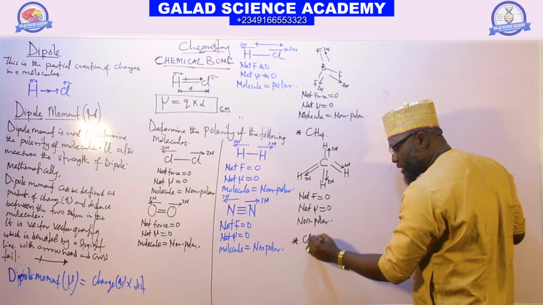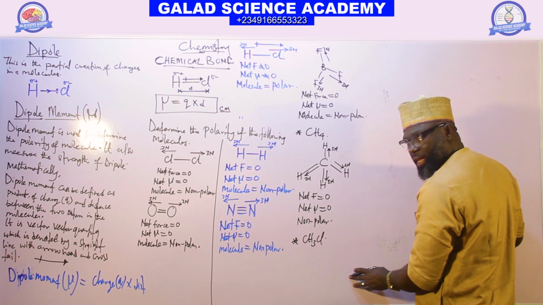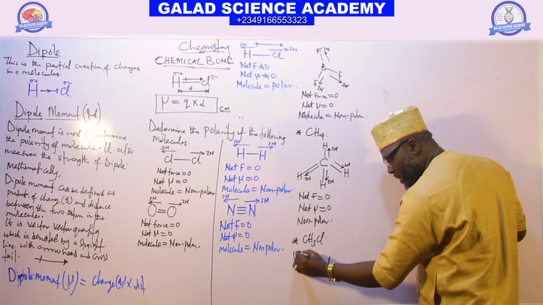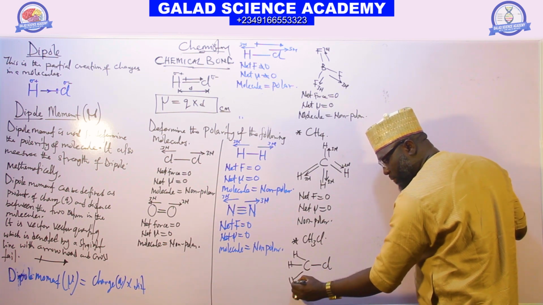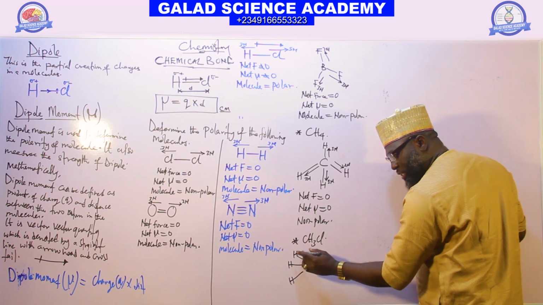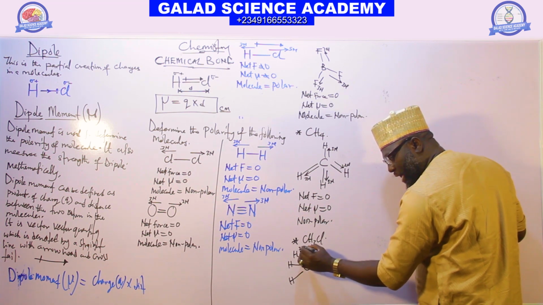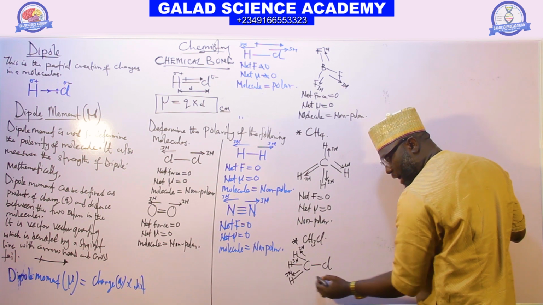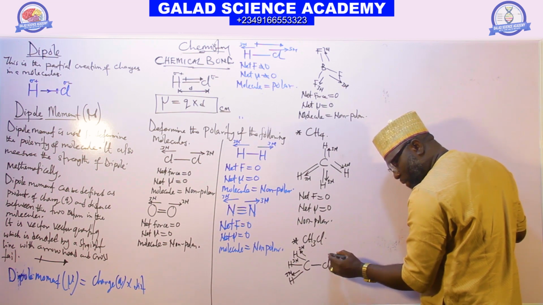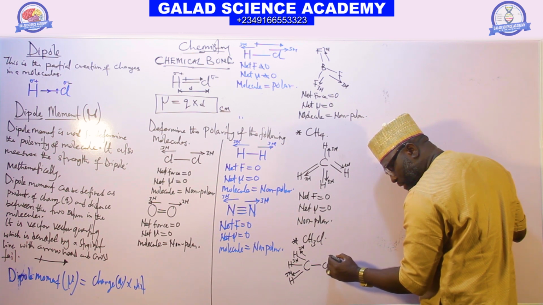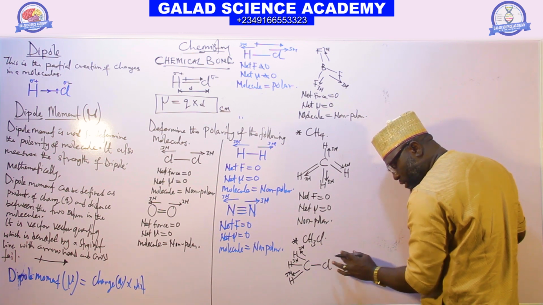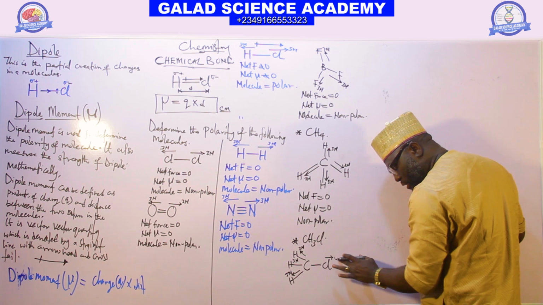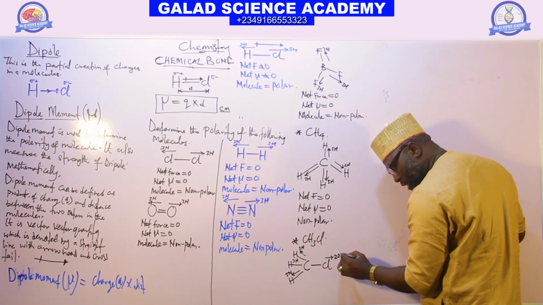But in the case of CH3Cl, look at CH3Cl. CH3Cl looks like this. Monochloromethane. So if you put 3 Newton here, 3 Newton here, 3 Newton here, and look at this one alone, it will put a force of 20 Newton on him.